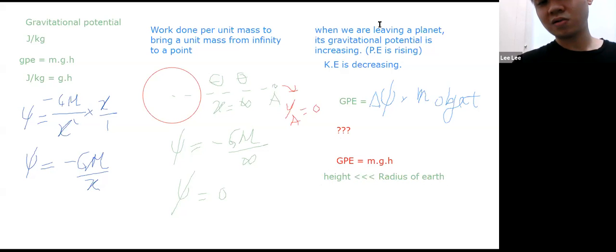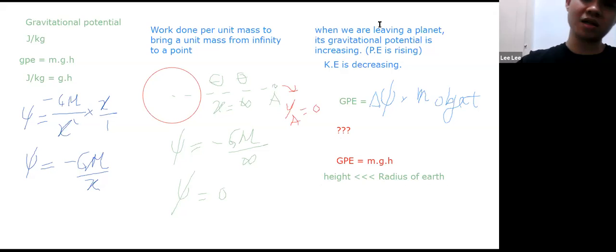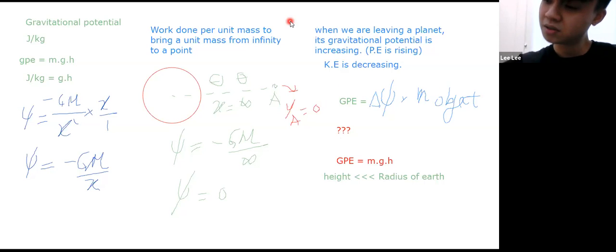So let's say you raise an object to 1,000 meters or 10,000 meters. That number is very small compared to the radius of Earth. So of course we can still use the mgh formula. But when you project something to outer space, very far away from Earth, the formula mgh is no longer valid because the g itself is no longer 9.8. So you have to use this formula.